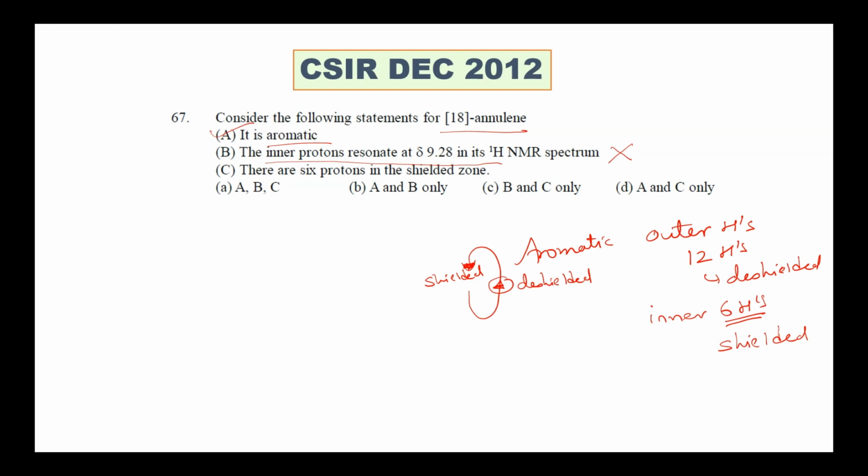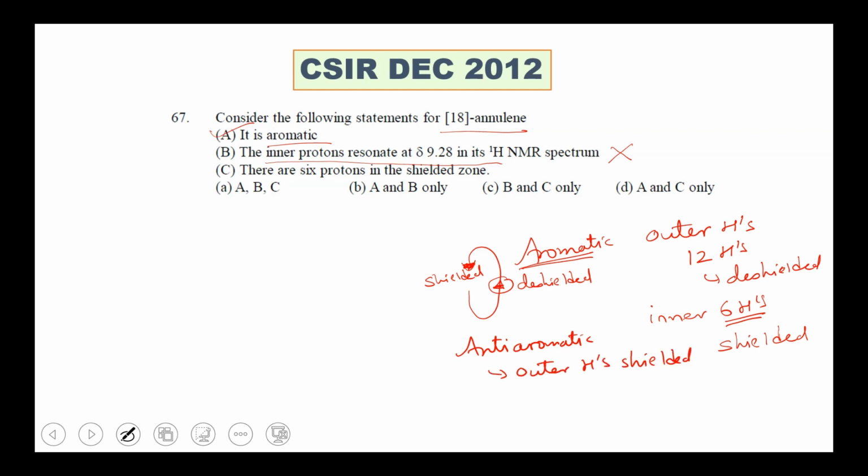Now this is for an aromatic system. Here I'll cover another concept, anti-aromatic compounds. For anti-aromatic compounds, the outer hydrogens are shielded and the inner hydrogens are deshielded.